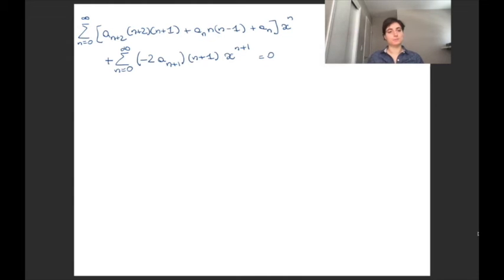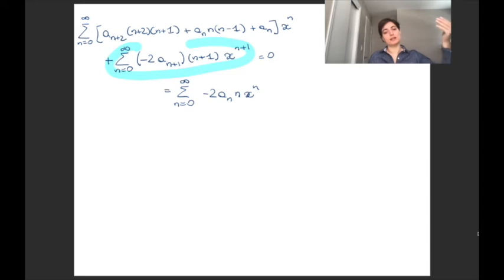So you see everything in here has index n plus 1, so we can shift these indices and retrieve the sum from n equal to 0 to infinity of minus 2 n a_n x to the n. What are the middle steps? Well, first we changed to a sum going from n equal to 1 to infinity, and instead of n plus 1, we only have n. And then we notice that we're multiplied by n, so we can take the series starting at n equal to 0.